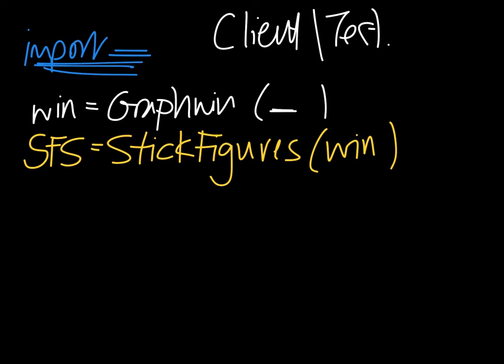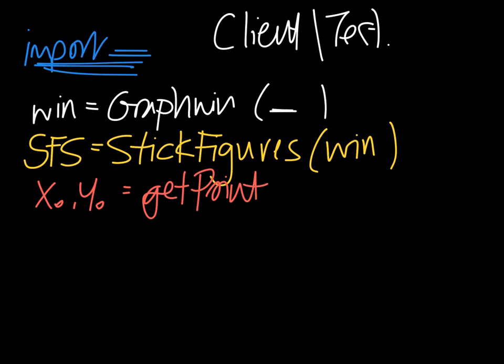Now, in the code on the sheet, I use a loop, but here I want to just focus on the concepts. What I can do is get my points. I want to get my X and my Y, and I use my get points method, and I pass it a reference to the window.